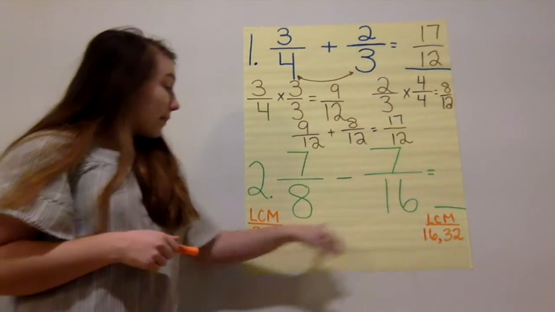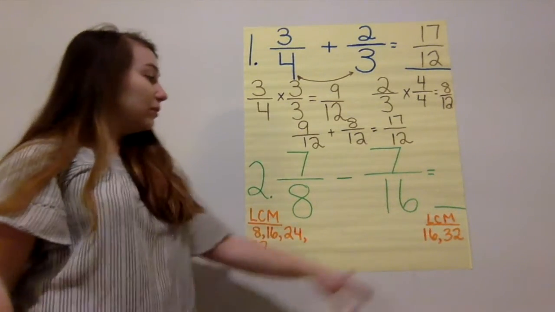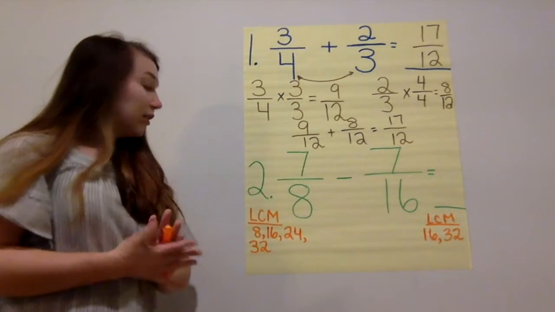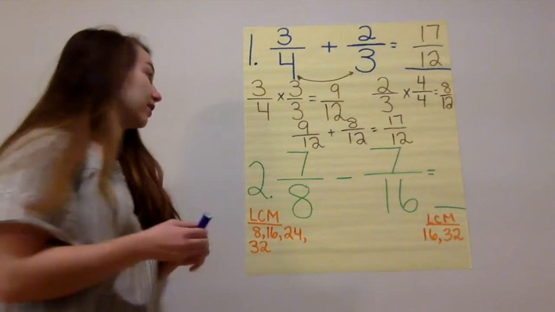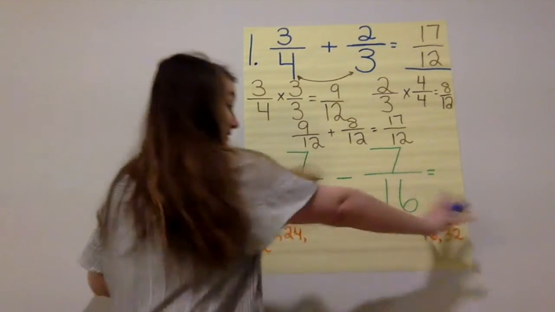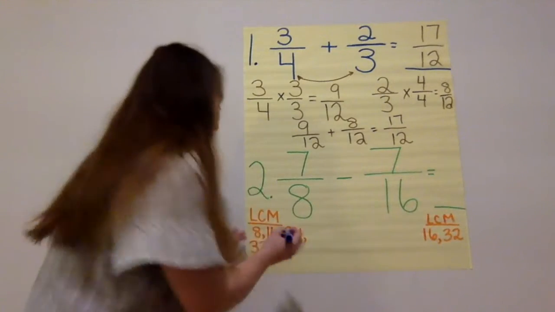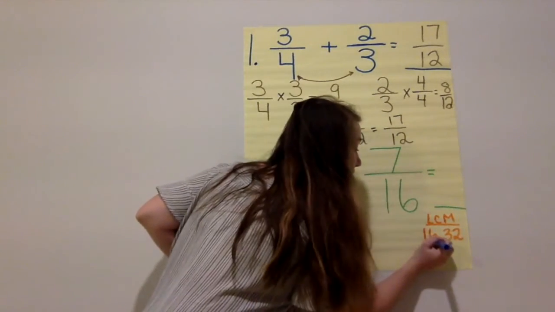So I'm going to be looking at my list of numbers. I have 8, 16, 24, 32, and I have 16 and 32 over here. What I notice is that there are 2 numbers that are the same on this side and this side. We have 16 is the same here and here.